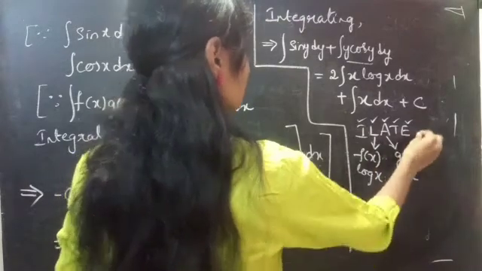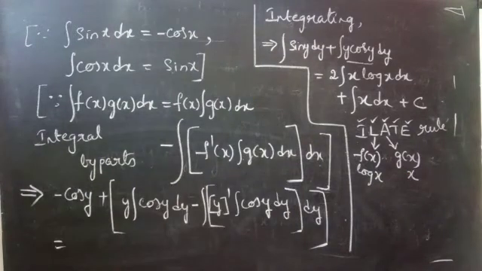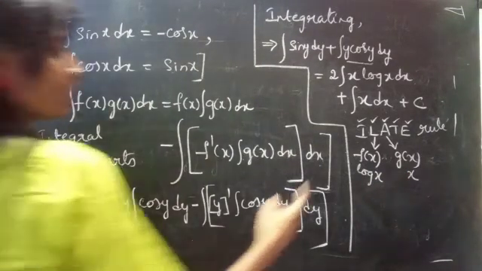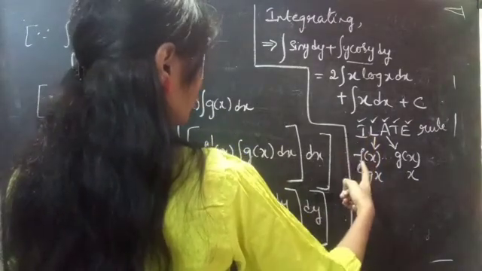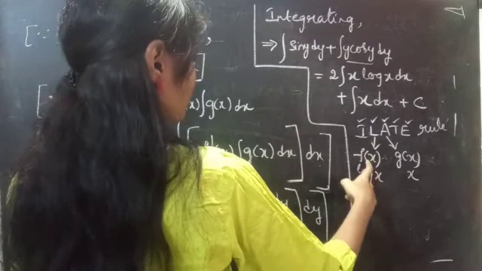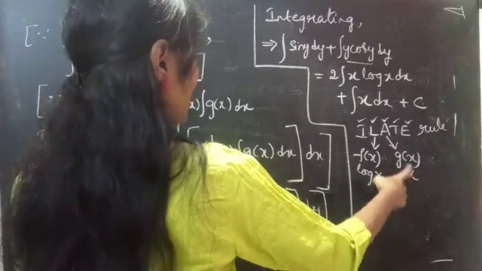Simply we have to follow this rule. Since you are having L first, that is logarithmic first, you'll consider log x as f of x, and next you are having algebraic, so you'll consider x as g of x.